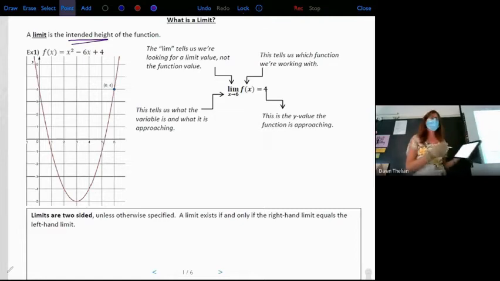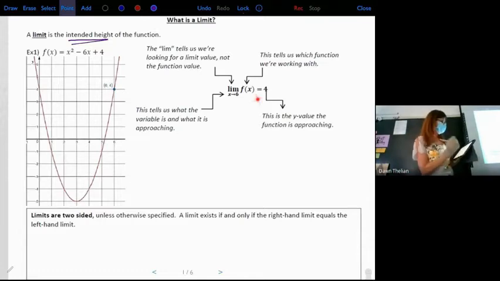What are you approaching as you approach this x value, which comes up below it as x approaches 6. That tells us what value we're approaching. Then in here tells you which function we're looking at. It could use a function name, like this one is saying f of x, or it could actually put something in there, like x squared.